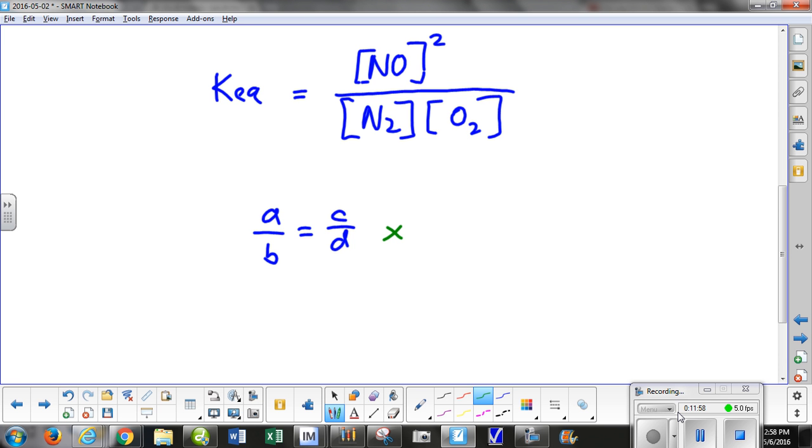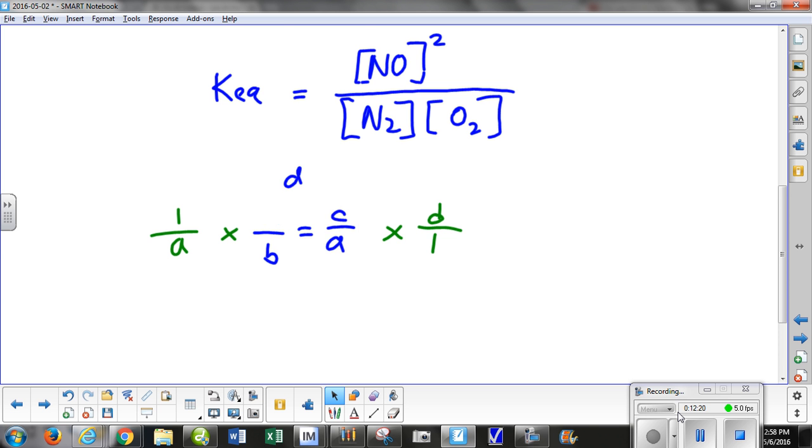You would have to multiply D over 1 on this side, and you'd have to multiply 1 over A on this side, right? And that's what you will wind up with. This.